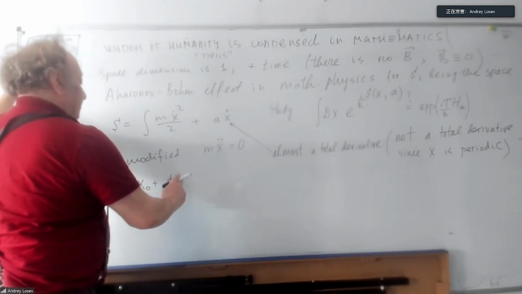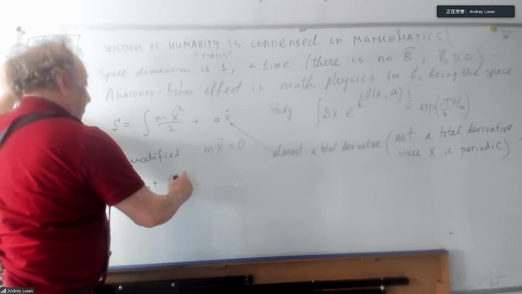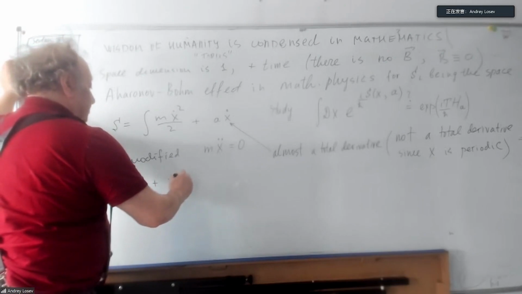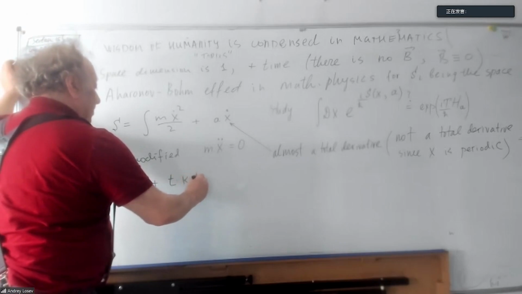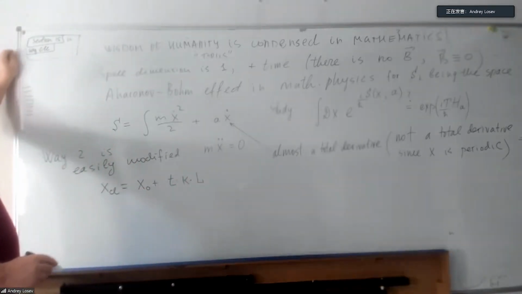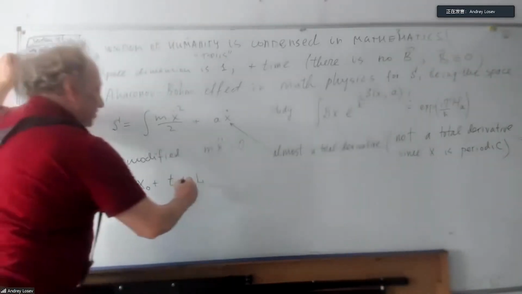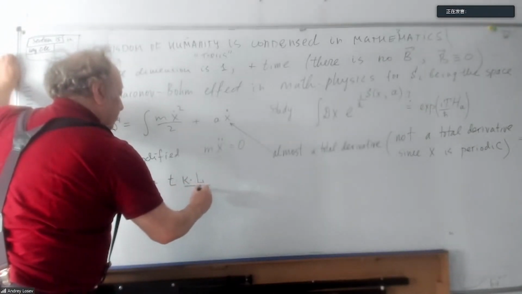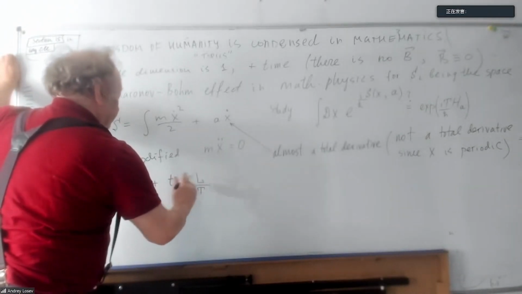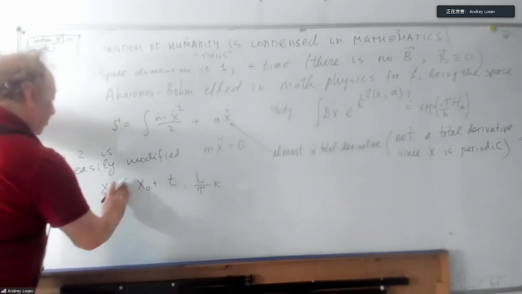And in the velocity, I have, of course, k times L over t. Or probably I call it n.